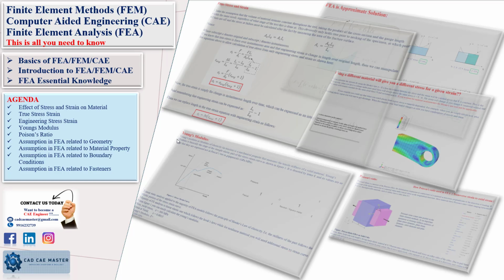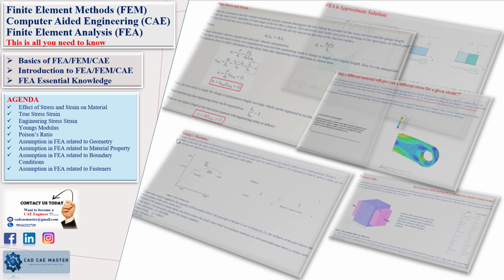Young's modulus, Poisson's ratio, assumptions in FEA related to geometry, material and boundary we'll see, and then we'll also see how the assumptions are taken into account for the fasteners as well.